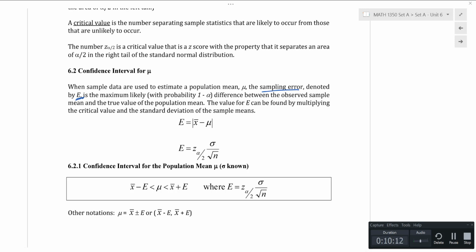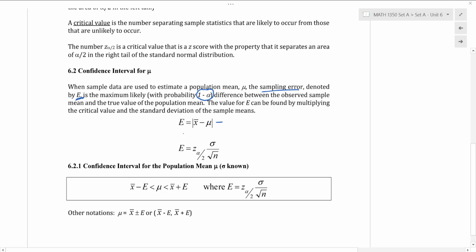This error here is the difference between the observed sample mean and the true mean, subject to some degree of confidence, represented by 1 minus alpha. So this E here, often called the sampling error, is the difference between our sample mean, our approximation, and the true mean.